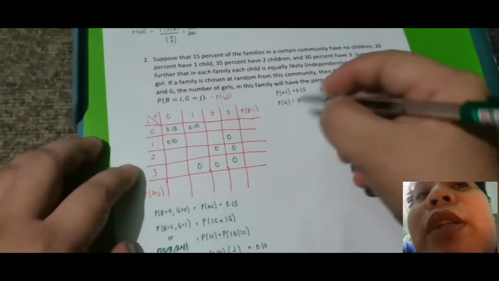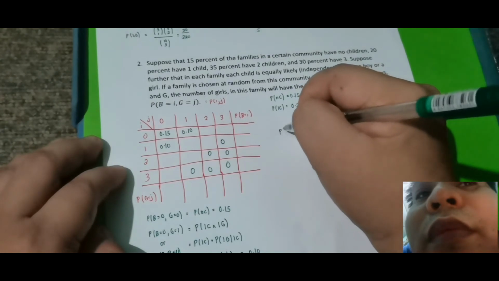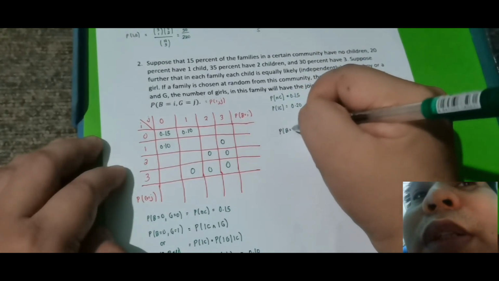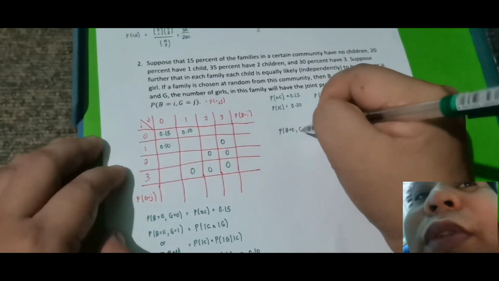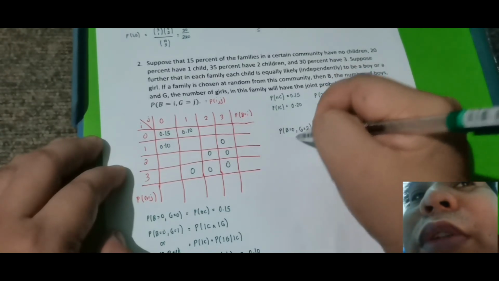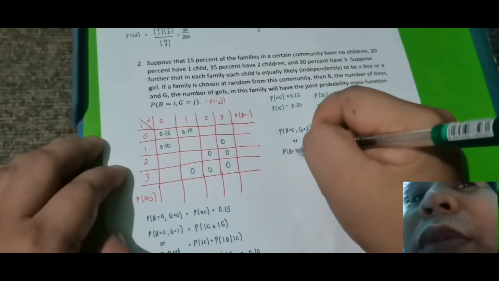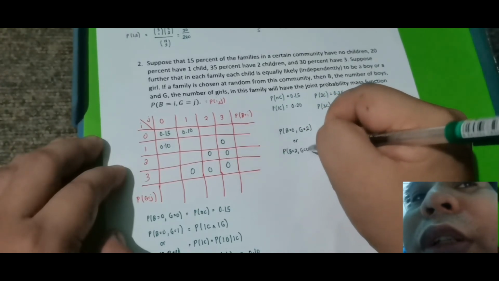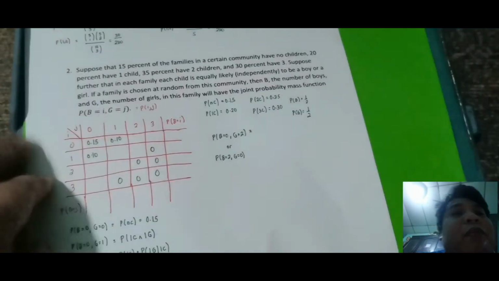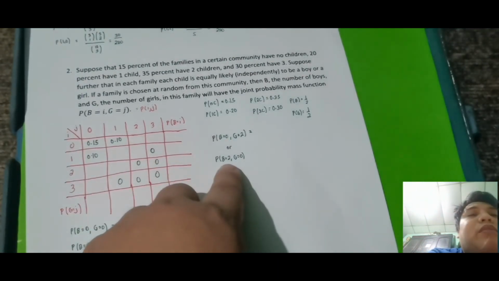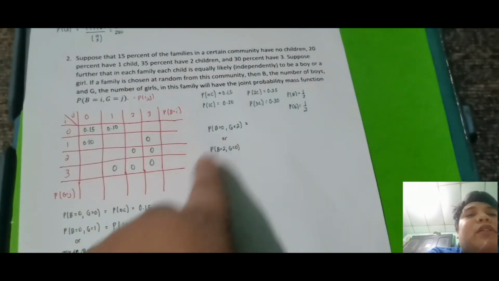That's what we will solve. So, the probability that there is boy is equal to 0 and girl is equal to 2, or simply, the probability of boy is equal to 2 and girl is equal to 0. So again, what I'm solving here is only this probability, because the way changes when it's like this. So what does this mean in terms of wording?